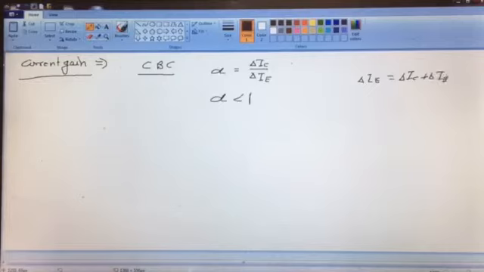That means the change in collector current is always less than the change in emitter current, so that's why its ratio will be less than 1.